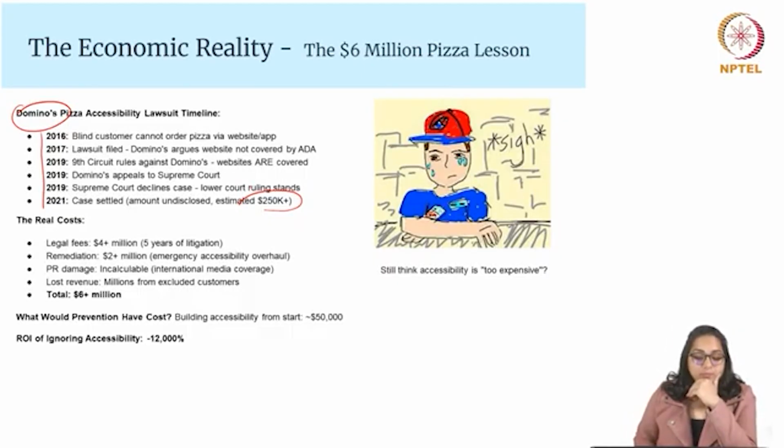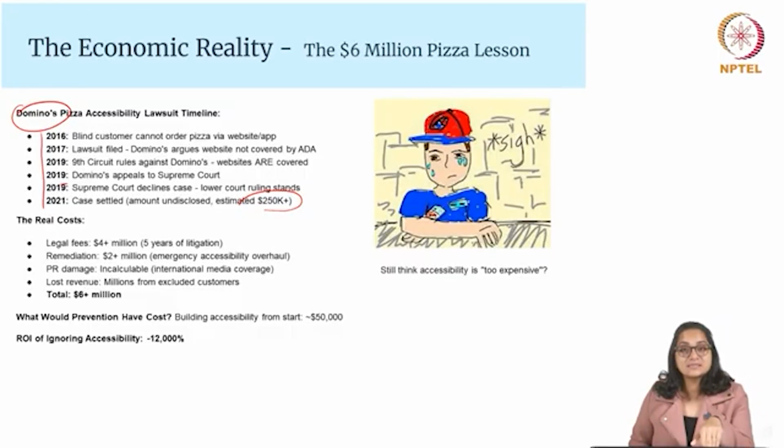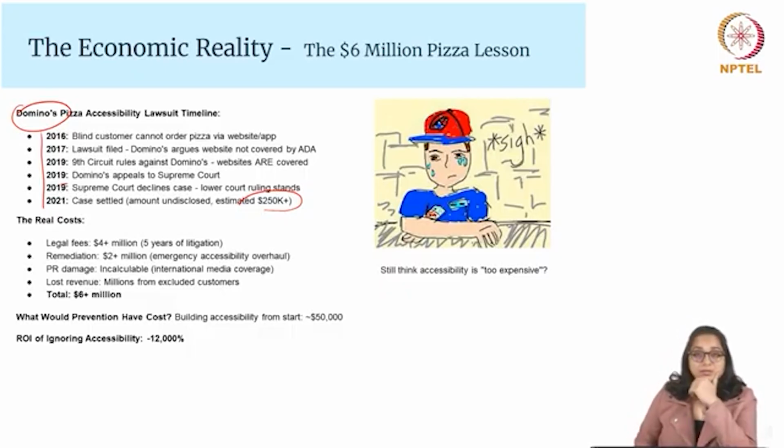Then Domino's in 2019 re-appealed to the Supreme Court. The Supreme Court declined the case, the lower court ruling stands, and the case settled in 2021 with an estimated 250,000 plus US dollars.